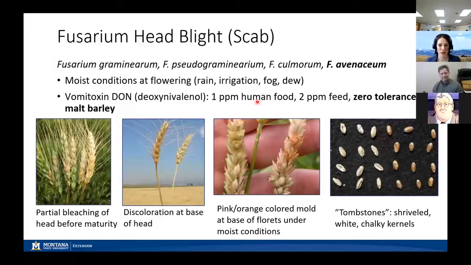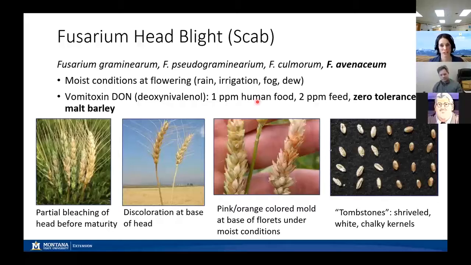So this is the impact of this disease on a larger scale, but what does it actually look like in your field? What you might observe are heads that are appearing bleached, and contrary to those bleached heads that are associated with the Fusarium root and crown rots, heads bleached as a result of head scab are typically just sections of the head. So certain segments or partial bleaching is what we observe.